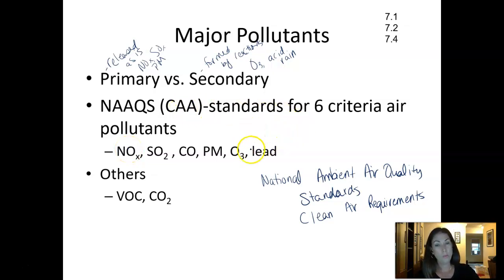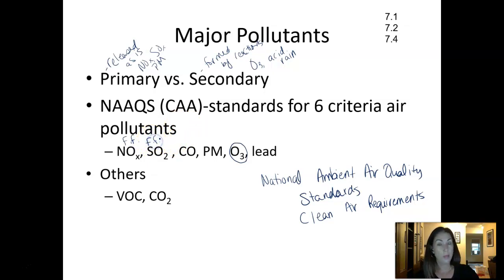So the one that we most often are in violation of the NAAQS in our area is ozone. So we'll talk about how ozone forms in a little bit. But these are the major air pollutants, and the key thing is these all have direct human health problems. So NOx typically come from fossil fuels, so from the burning of coal, oil, and natural gas. Same with sulfur dioxide.